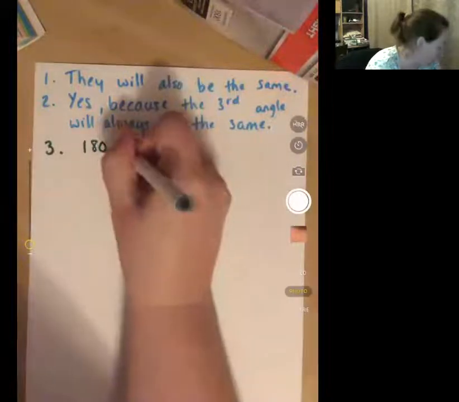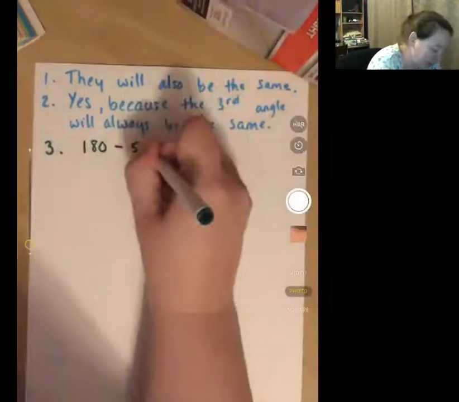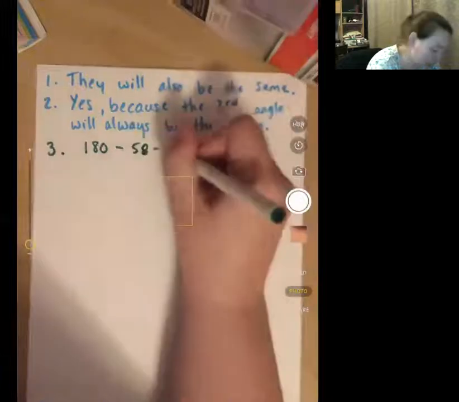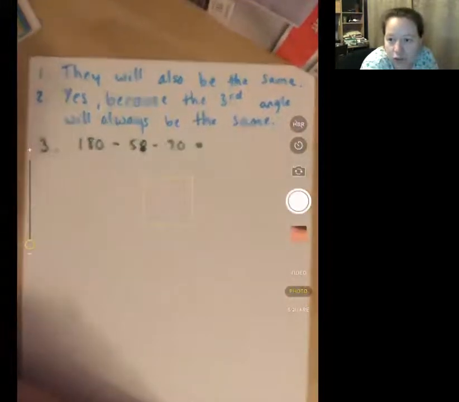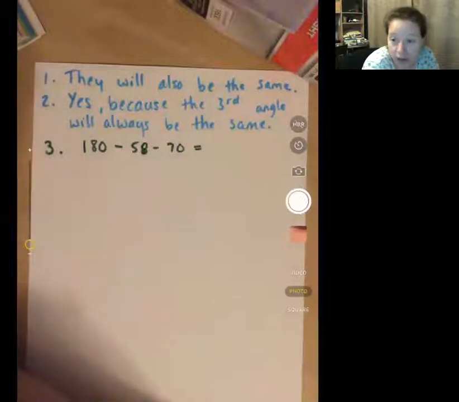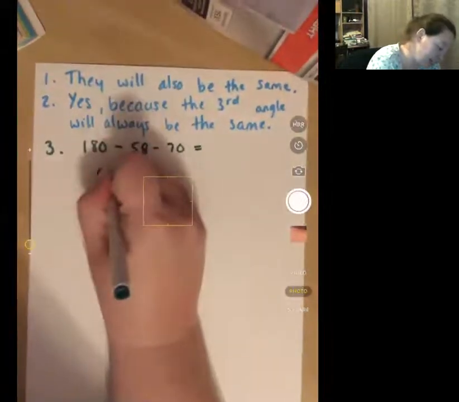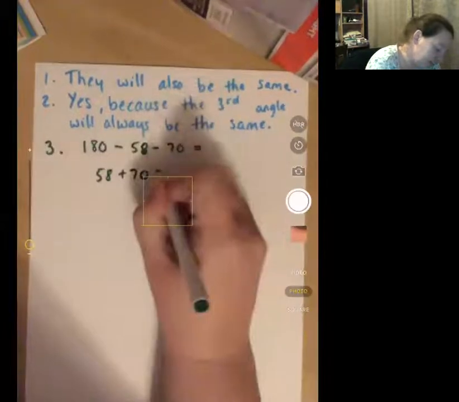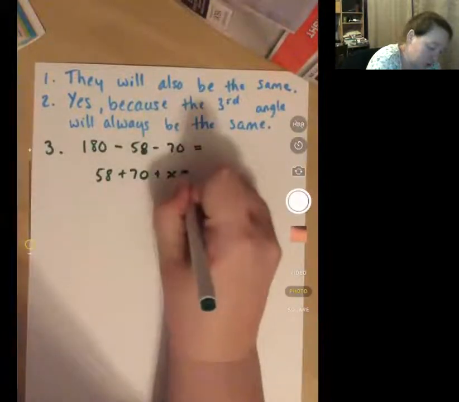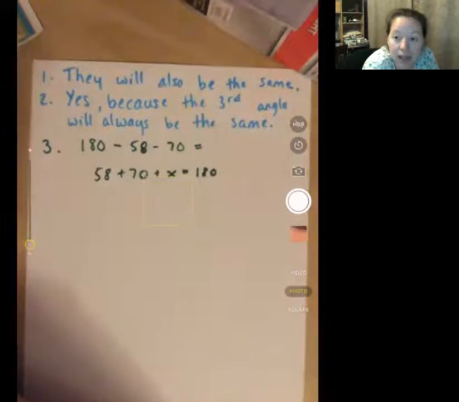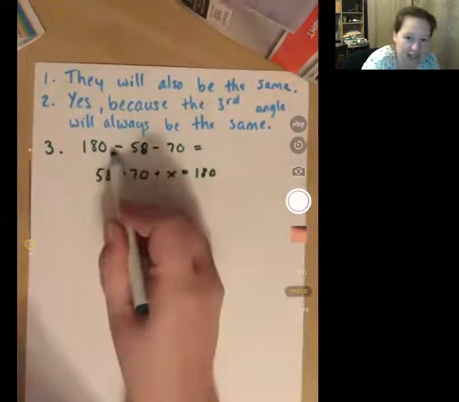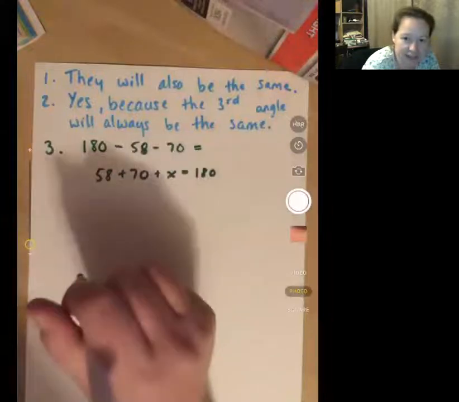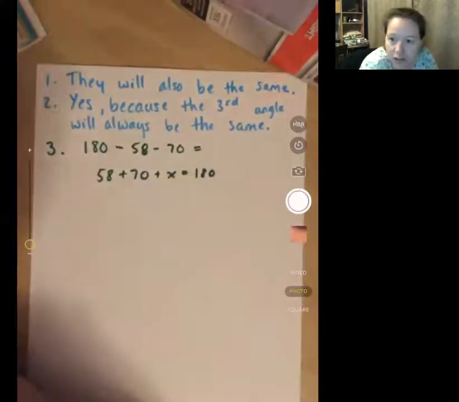I'm going to subtract out the 58, and I'm going to subtract out the 70, and see what's left over. The way they set it up would have been 58 plus 70 plus x is equal to 180. Algebraically, we would end up subtracting the 58, subtracting the 70, and then getting our answer for x.